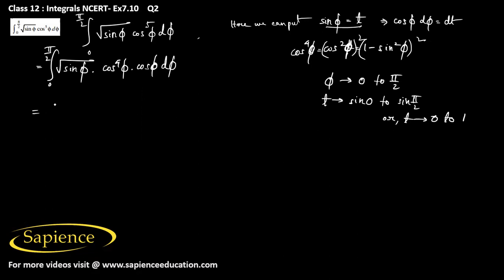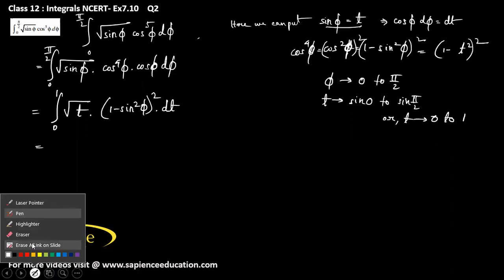So this we can write as integral 0 to 1 square root of sine phi, which is square root of t, into cos power 4 phi, which is 1 minus sine square phi whole square, into cos phi d phi, which is dt. So cos 4 phi we can write as 1 minus t square whole square.